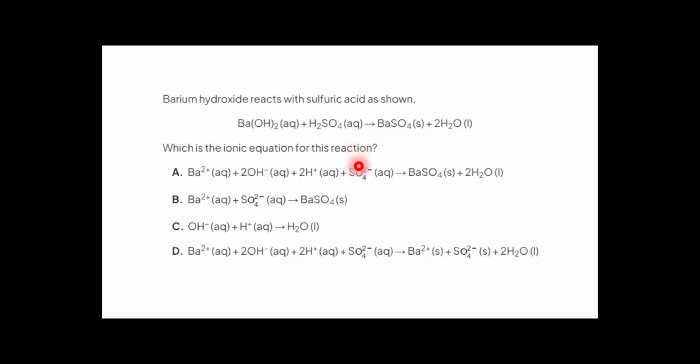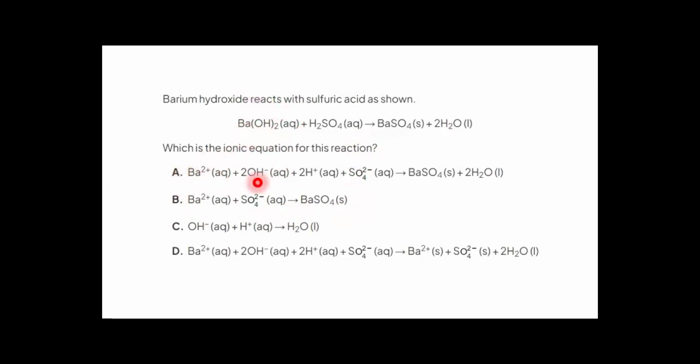Is it clear? Yeah, it is the simplest ionic equation. The first one is also correct, right? Because it shows the extended form. So Ba(OH)2, how to write it as ions?